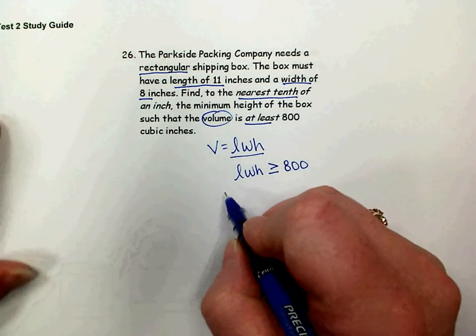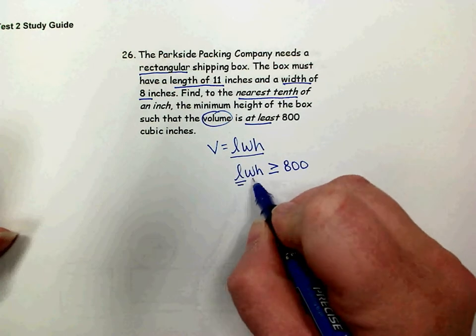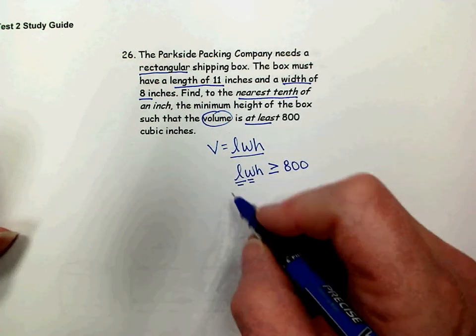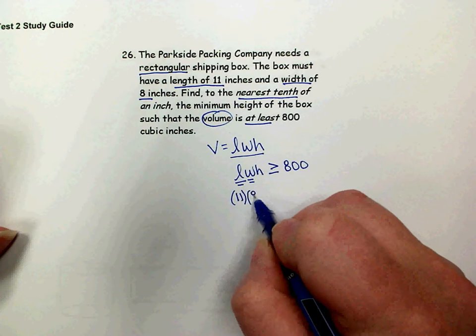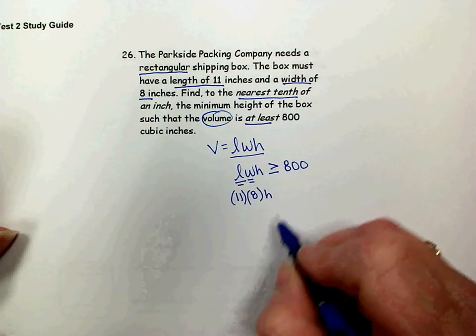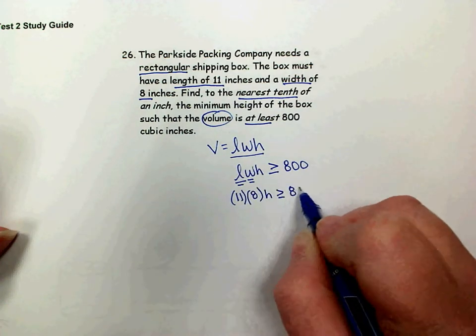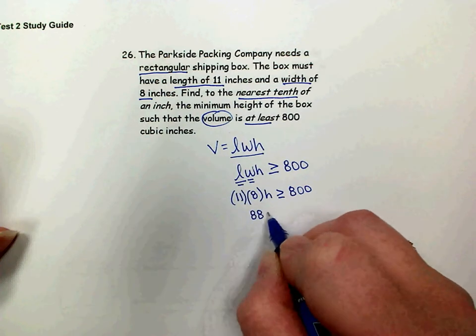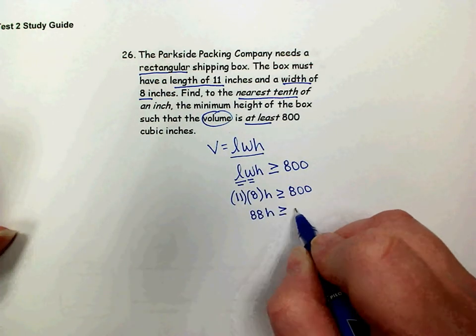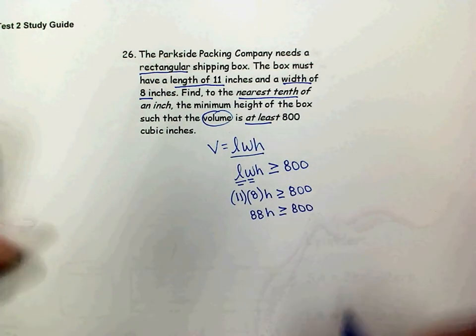So we know what numbers to put in for the length and the width. We were given them. So our length is 11, our width is 8, but we don't know our height. So we can go ahead and multiply the 11 times 8 to get 88 times our height has to be greater than or equal to 800.